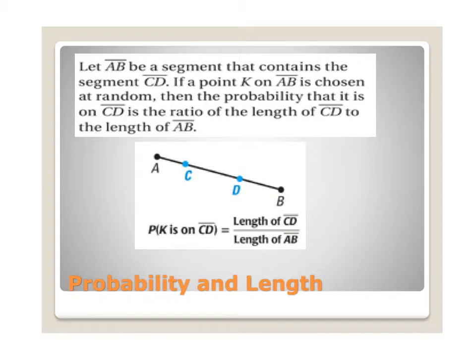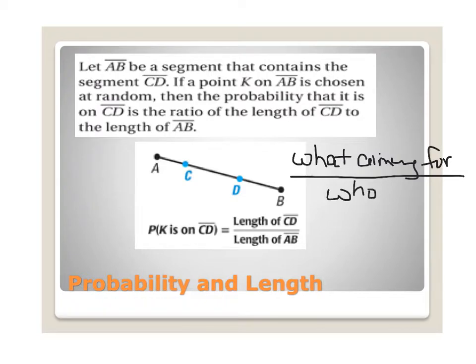So what I'm stating is, if I'm asking what is the probability that K is on CD, then what I'm aiming for, over the whole thing. For this one, I was looking for CD versus AB. So CD was what I was looking for, a point on CD versus the whole thing.